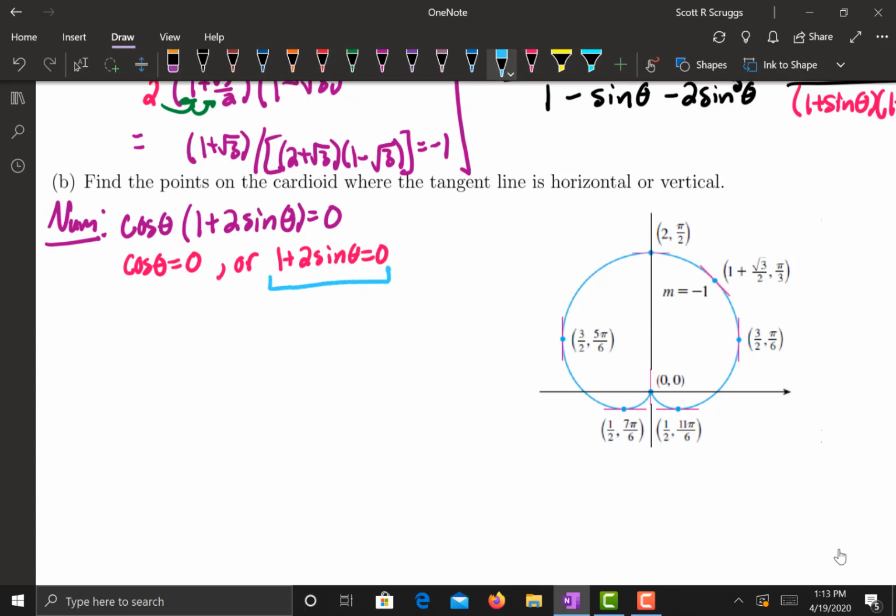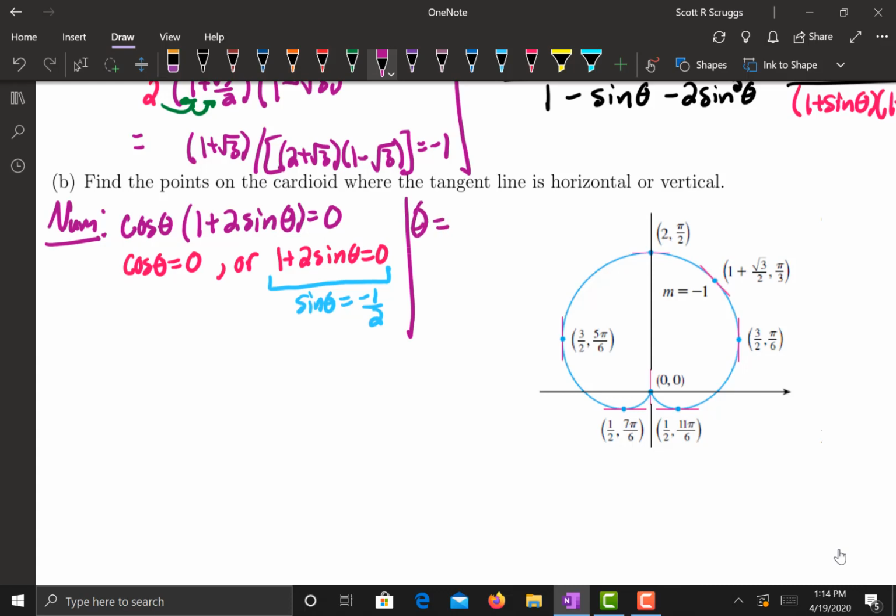But note that I can solve for sine, and if you do that, that's equivalent to figuring out what values make sine of theta equal to -1/2. And for this, I'm just going to list out the values during one period, because the answers will repeat.